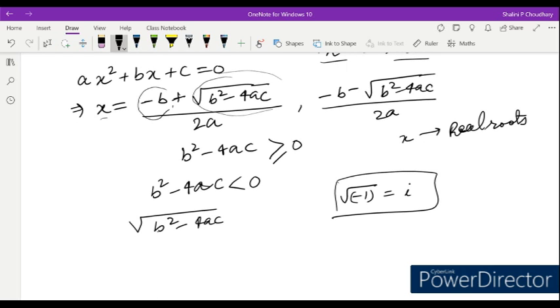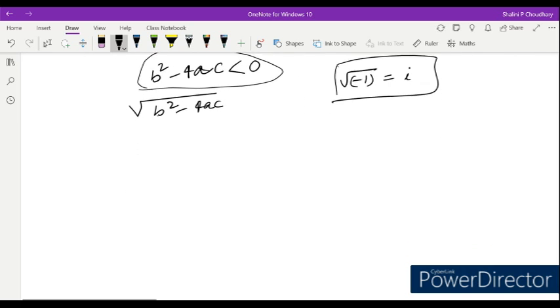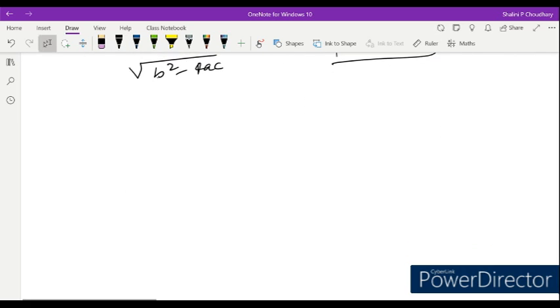We'll get imaginary roots if b square minus 4ac is lesser than 0. Okay, एक sum करते हैं, then we'll better understand.